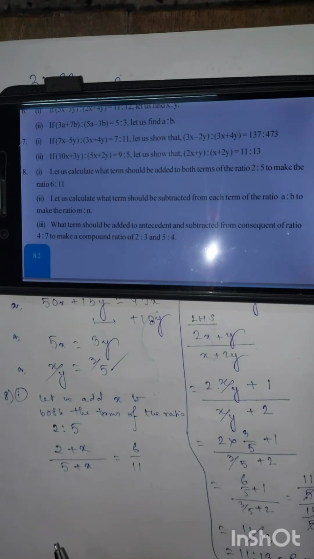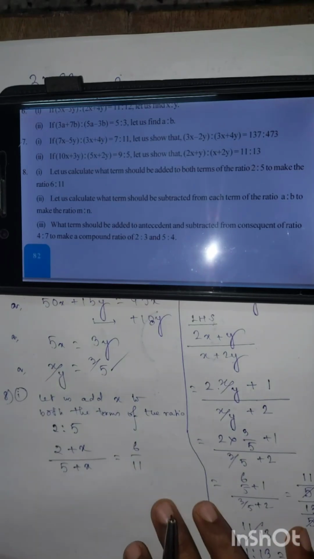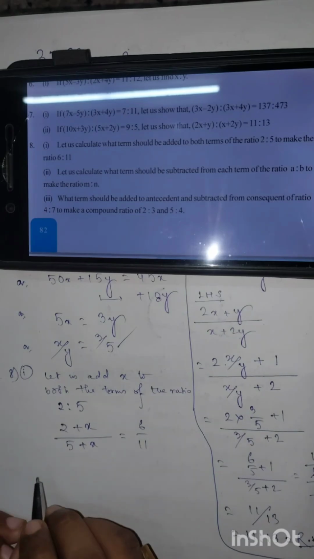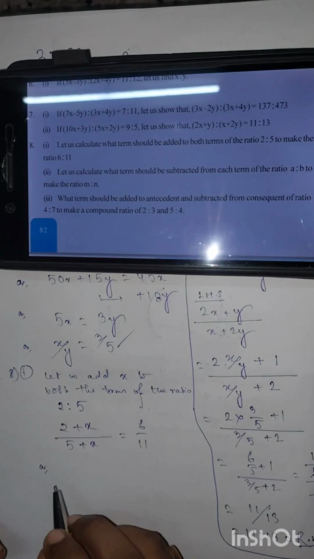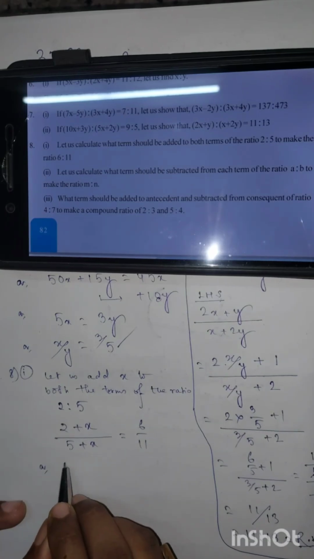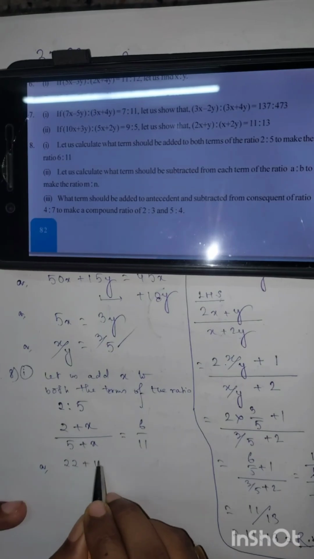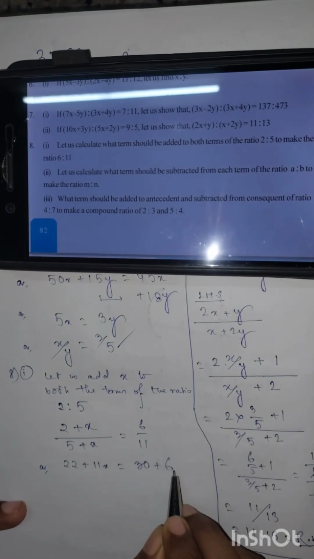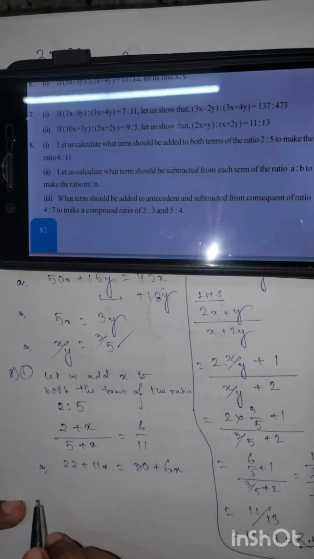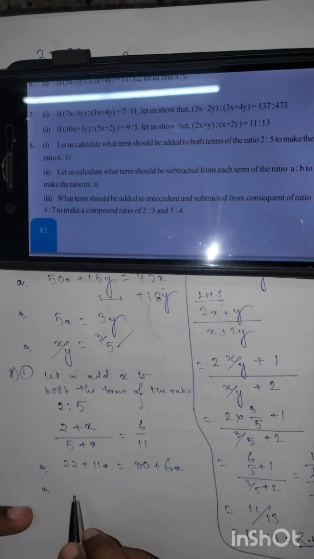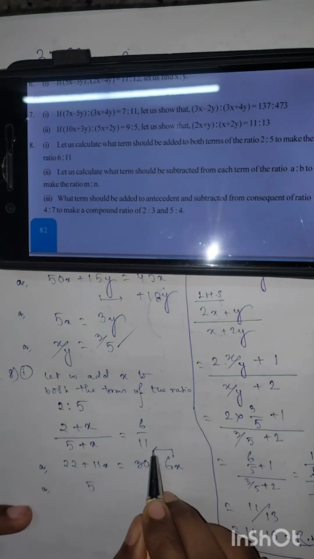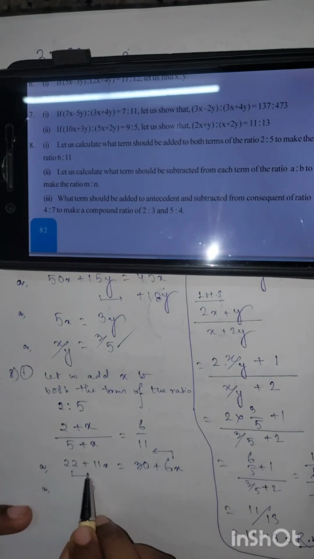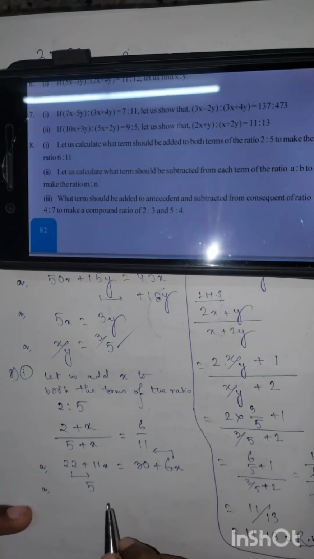Now we can easily find out x. So 6x is transferred to the left side and 22 is transferred to the right side of the equation.